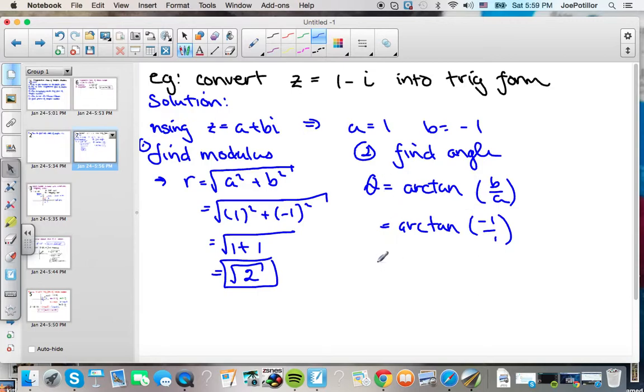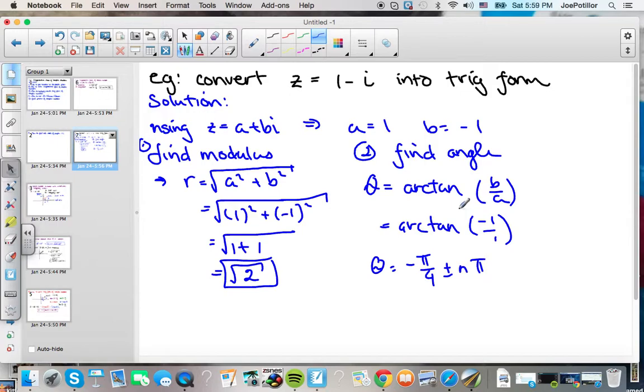So from here I know that theta, its inverse tangent, has its domain, so it's going to equal -pi divided by 4 plus or minus n pi.